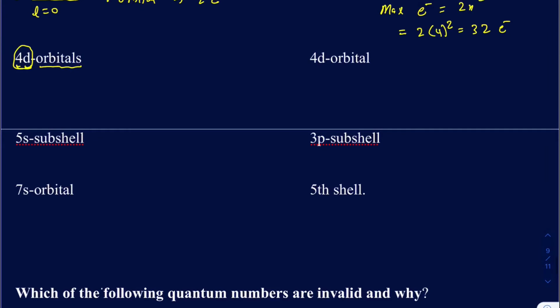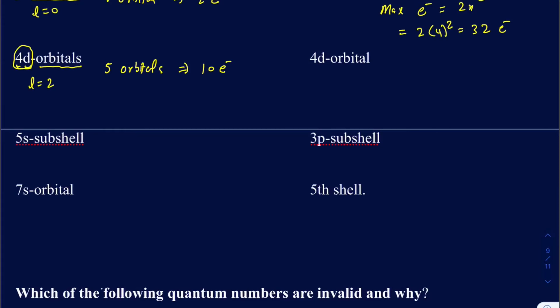So how many orbitals do you have in the 4d subshell? Well, the value of L is 2 for d, so that means you're going to have 5 M of L values. There are actually 5 total orbitals. So you're talking about all the orbitals in there. Each orbital will carry 2 electrons, so that's going to be 10 electrons maximum in those 4d orbitals.